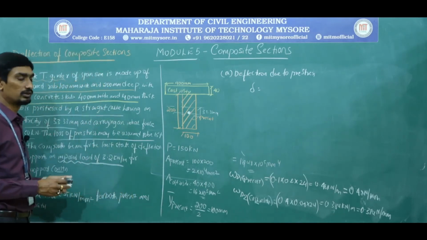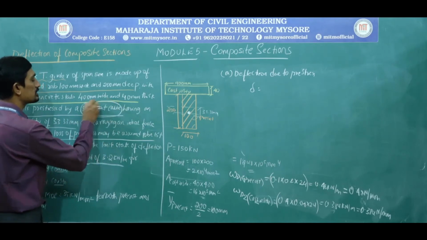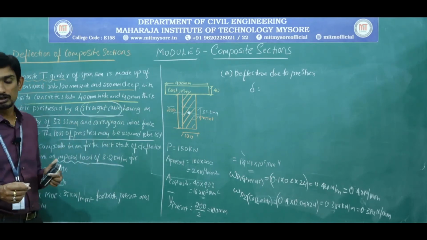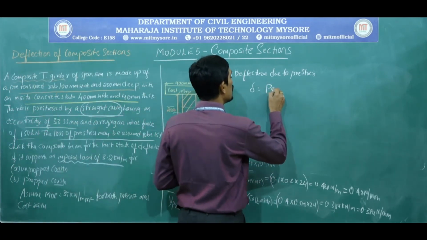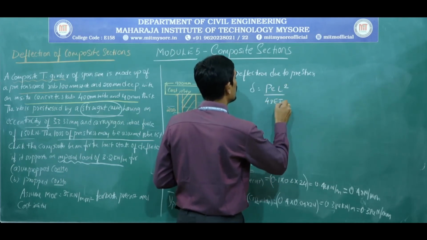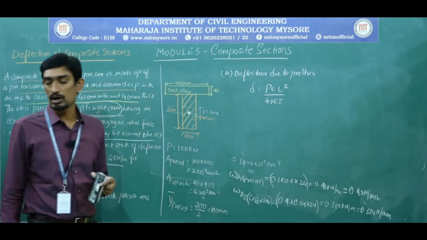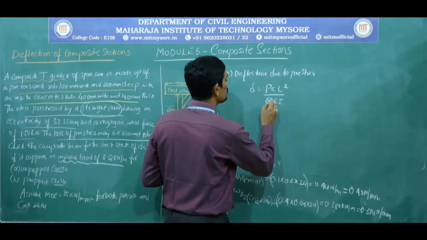When you're going to write this down, you need to observe. See, here they have clearly written it is a straight cable. Am I right? So hence write down that PEL square divided by 48 EI. PEL square divided by, sorry, not 48, sorry, 8 EI.